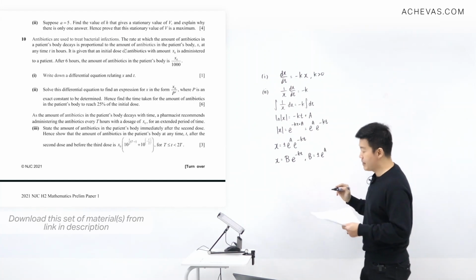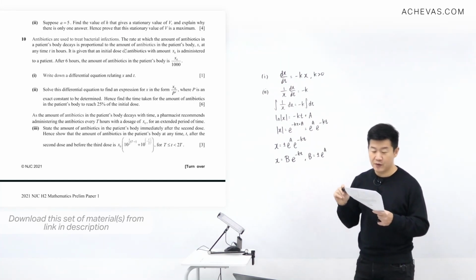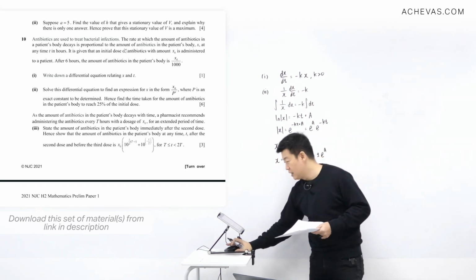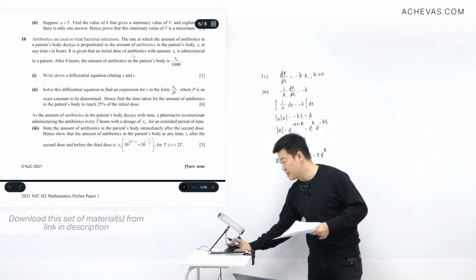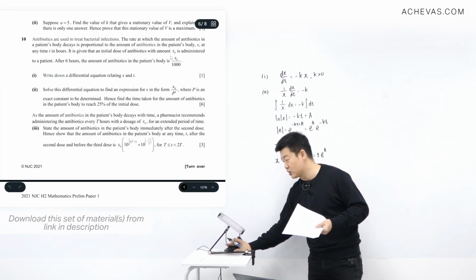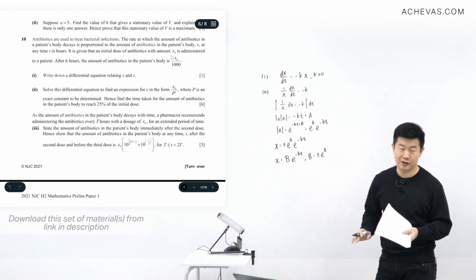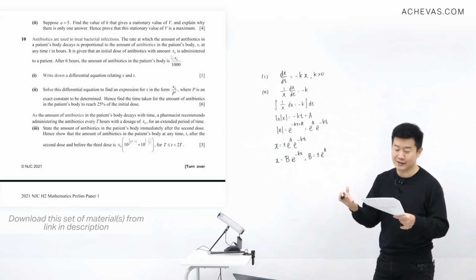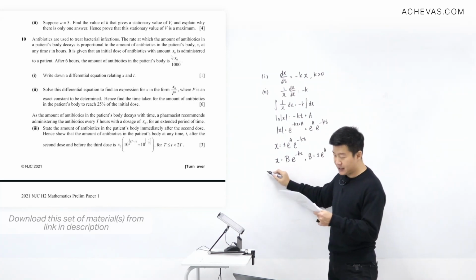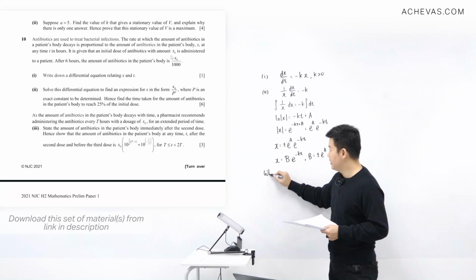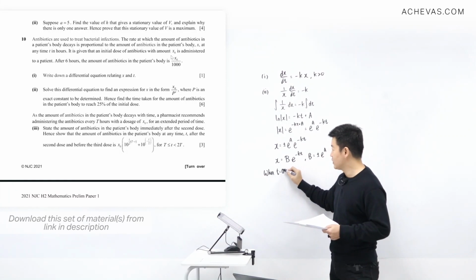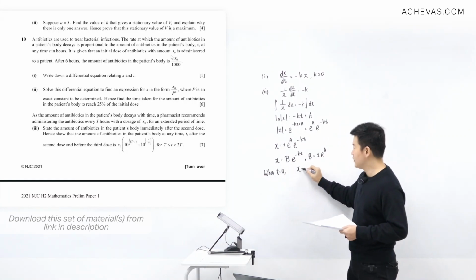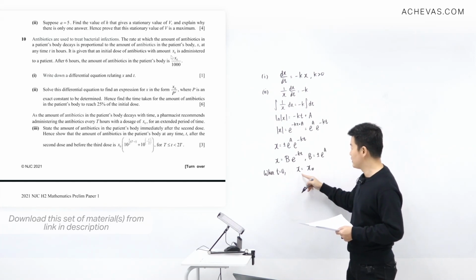So to solve for b, we are going to make use of the information that is given to us, which is here. Initially, the dose of antibiotics that is going to be administered is h0, not h0. So it's not h, it is x naught or x0. So that means that initially, when time is equal to 0, the amount of antibiotics that is in the patient's body is x0.